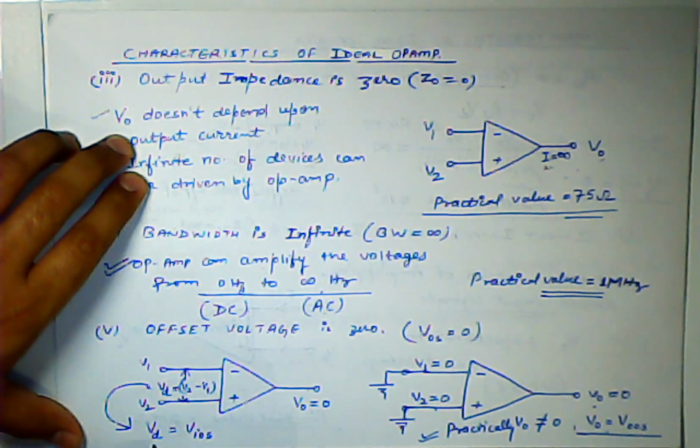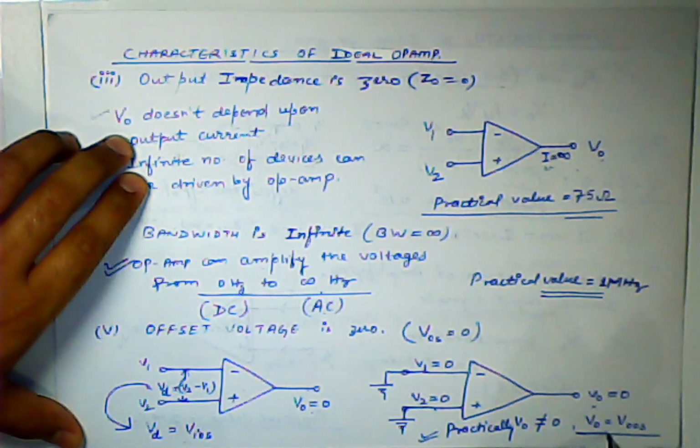We can define it in another way. As we are seeing in the output offset voltage, if V1 and V2 both are 0, there is some output offset voltage practically. So we can define input offset as any differential input you apply to make the output offset voltage 0 is called the input offset voltage.